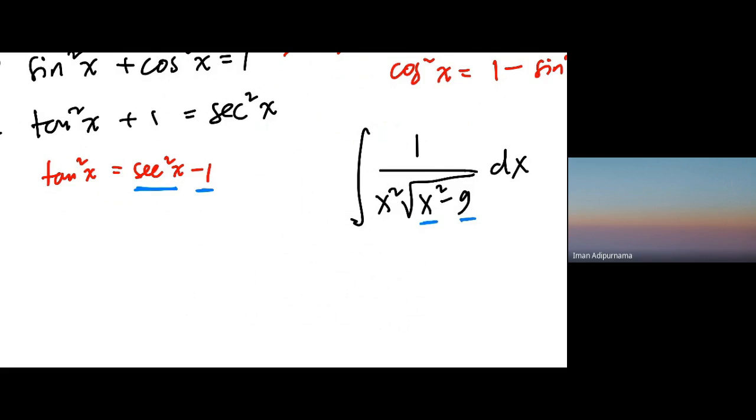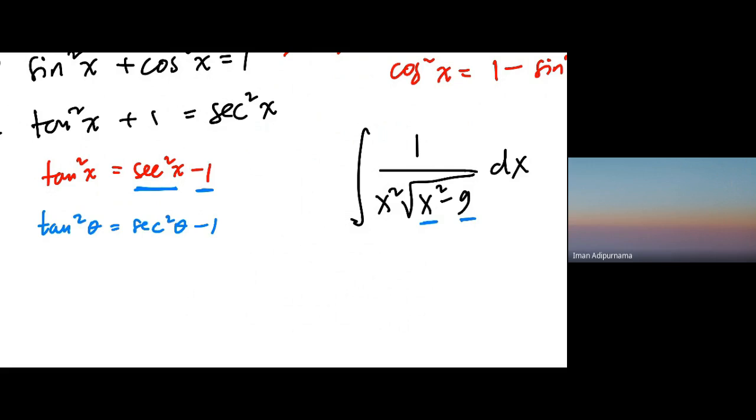So maybe we try to substitute this x with another variable. Let's use theta to differentiate. Let's substitute with secant theta here. If we just use secant theta squared, it's just secant squared, but it has 9, right? If we have 3 secant theta squared, it has 9 secant squared theta.